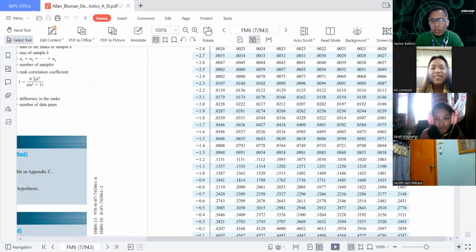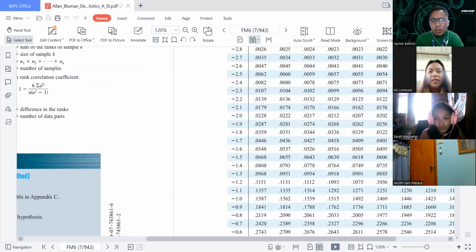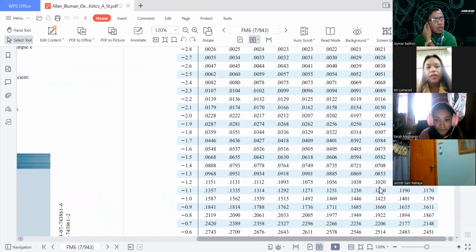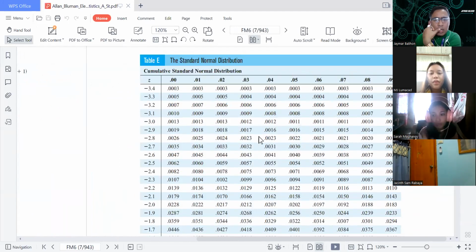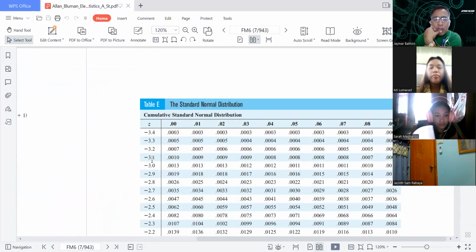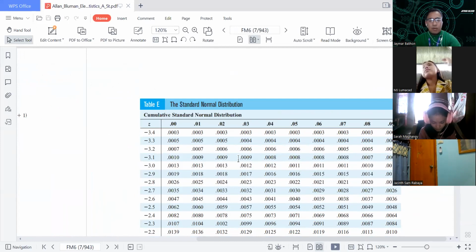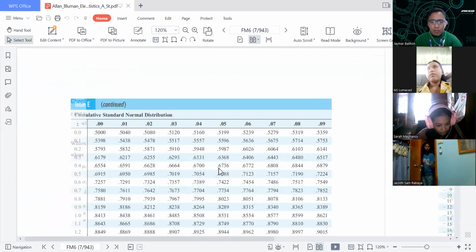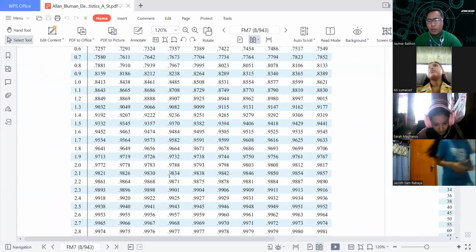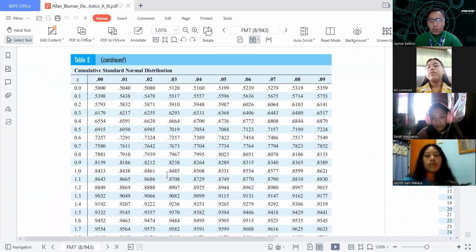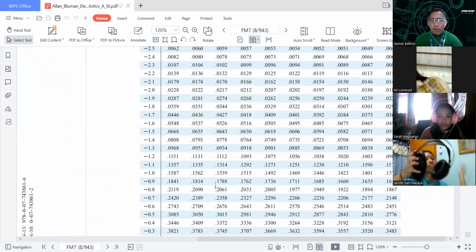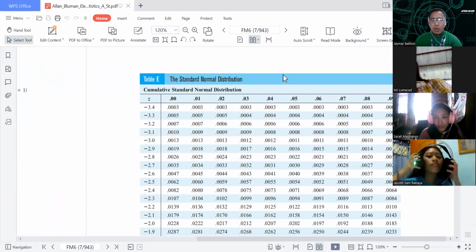So as you can see, the normal distribution table consists of two, the standard normal distribution table for the negative and for the positive. This one is for the positive, depending on what value of z that you have.